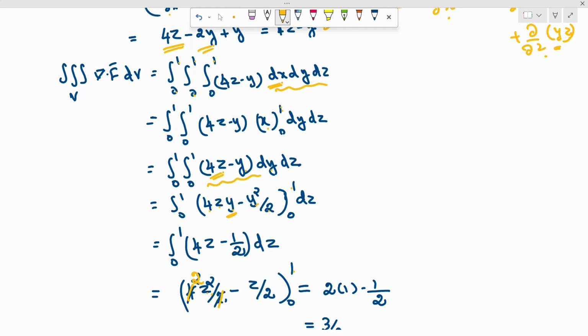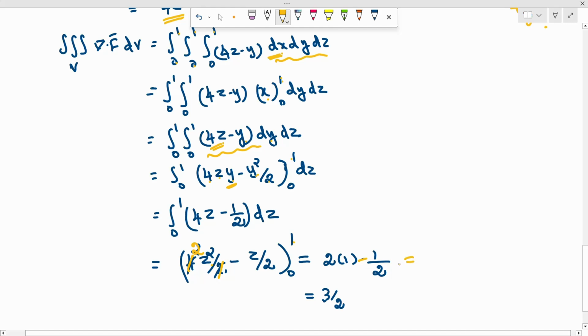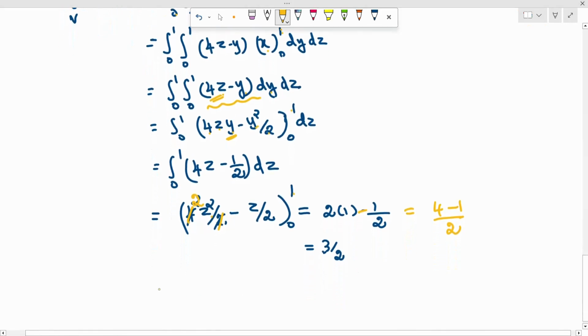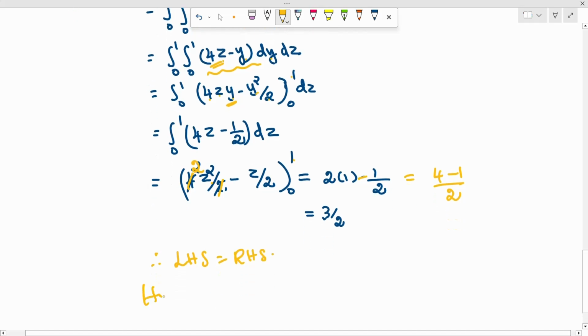If we put here 1, we'll get 2 into 1 minus, here substitute z is equal to 1, 1 by 2. 2 minus 1 by 2, 4 minus 1 by 2, which is 3 by 2. Okay, 3 by 2. Therefore, LHS equal to RHS. Hence, Gauss divergence theorem verified.